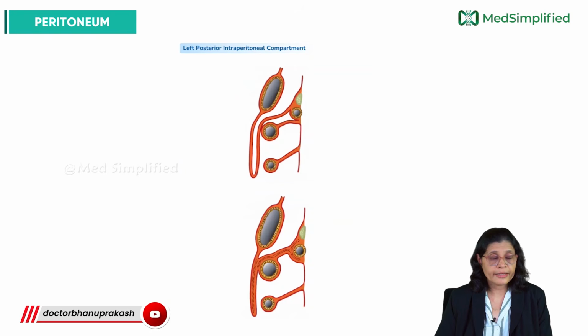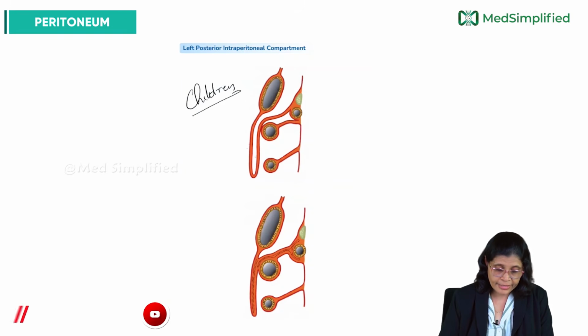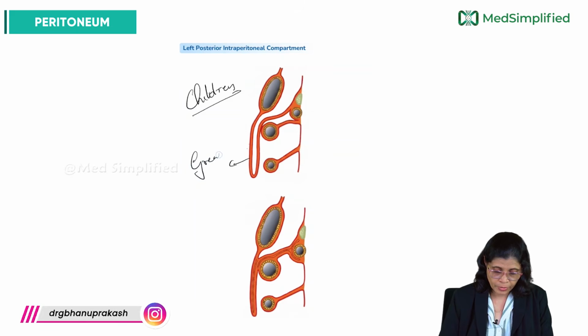So this lesser sac in children, and in young age, we will see the lesser sac extending between the anterior two and posterior two layers of the greater omentum. Now this is the greater omentum. So it will be extending up to this fold here.